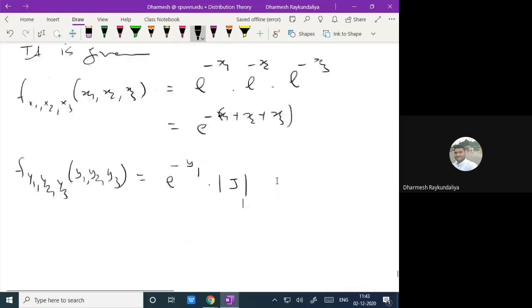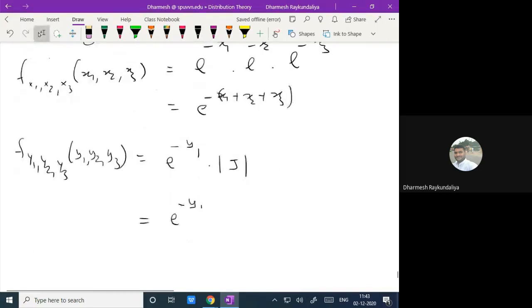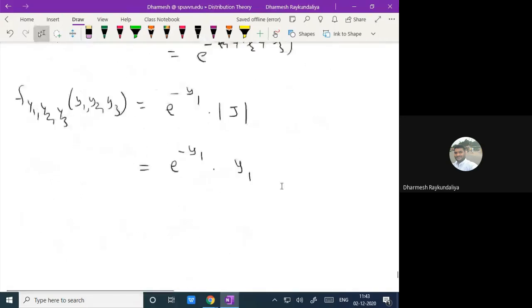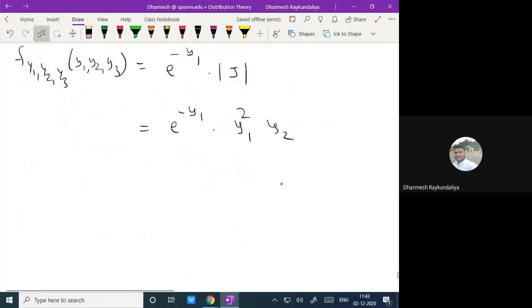So the density is nothing but e raised to minus y1 into y1 square y2. So this is nothing but the joint density of this. So you can also write it in this way: y2 into half of y1 square into e raised to minus y1. Can you write?